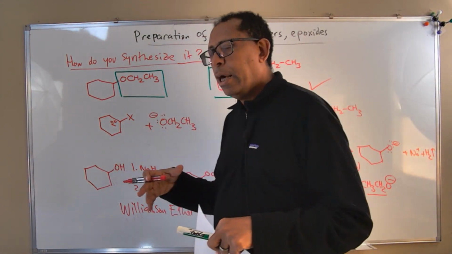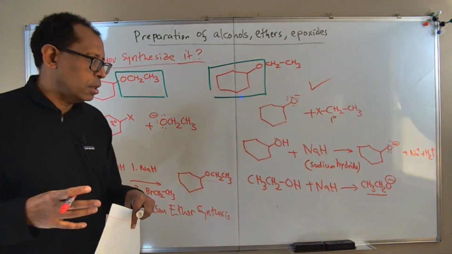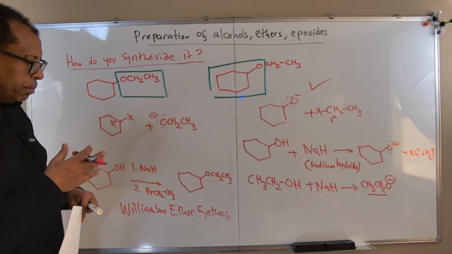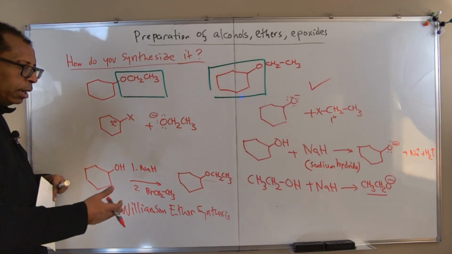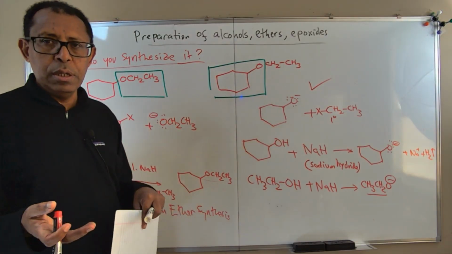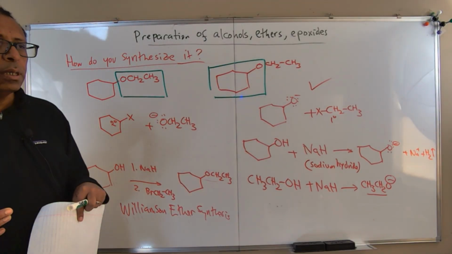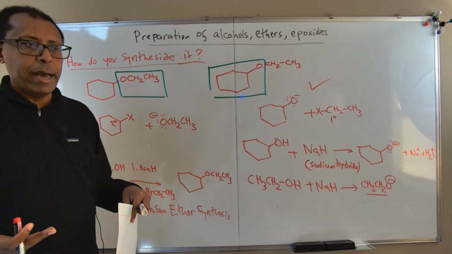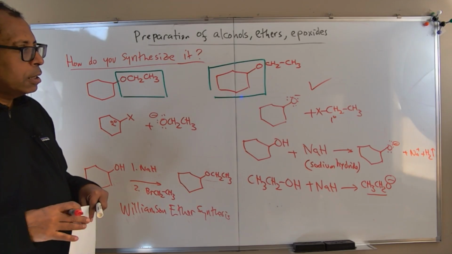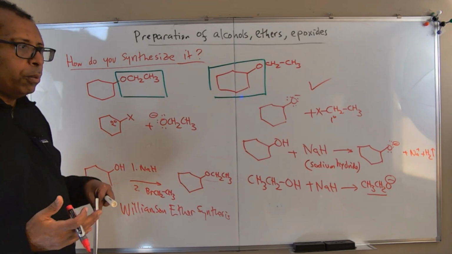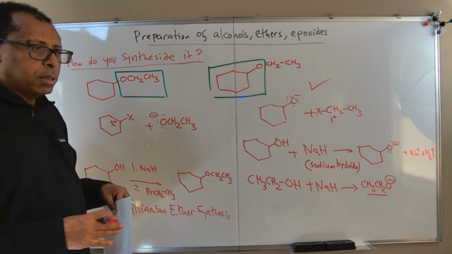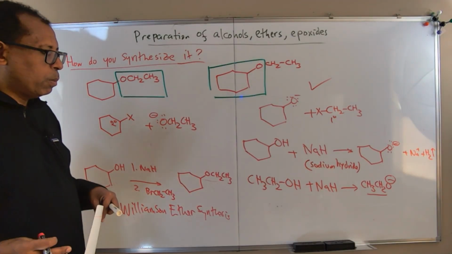The general named reaction for ether synthesis is the one discovered by Williamson. This is the most common way of synthesizing ethers. So you could be asked in a test to devise a Williamson ether synthesis, and what is Williamson ether synthesis? You could give an example.